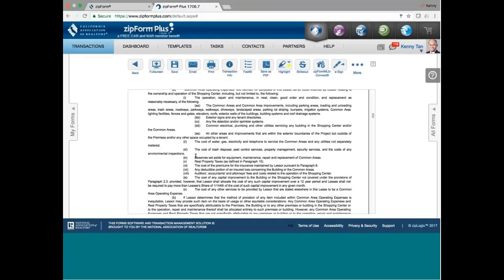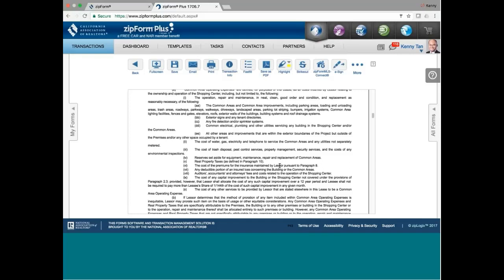And then you have this reserve, that's also an item for the common area operating expense. And for net leases, real property taxes that are paid by the lessor is also an item within the common area operating expense. And the cost of the premiums for the insurance maintained by lessor.